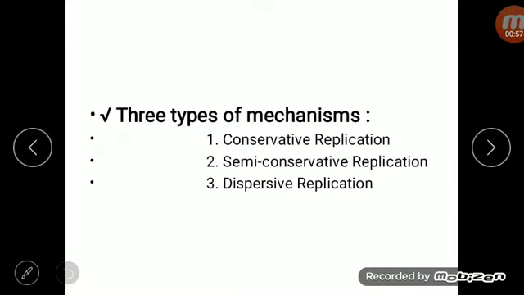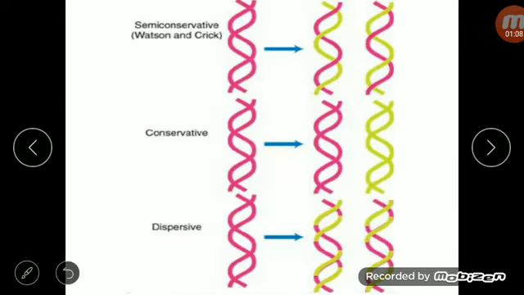Now these slides show the Meselson and Stahl figure. Three types of mechanisms are possible in replication, but DNA replicates by only one mechanism. So I will explain the three mechanisms in the next slide.